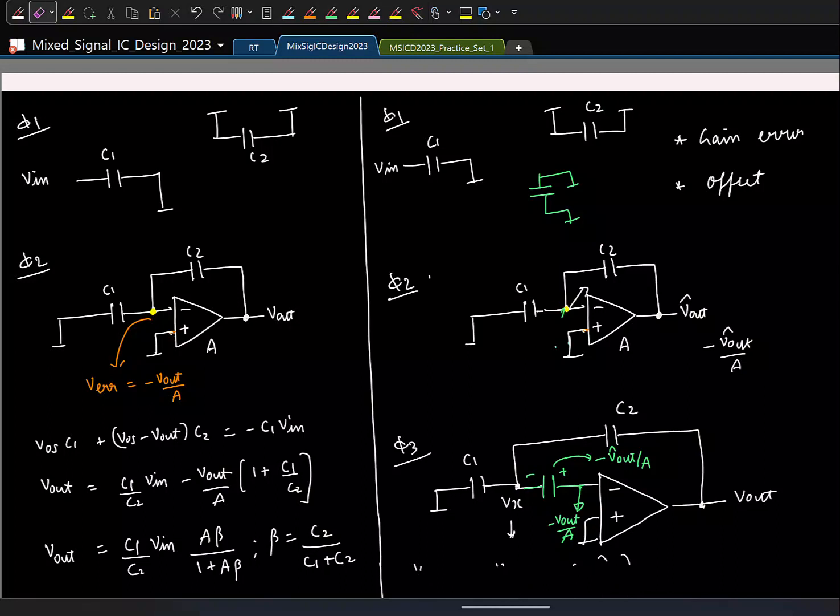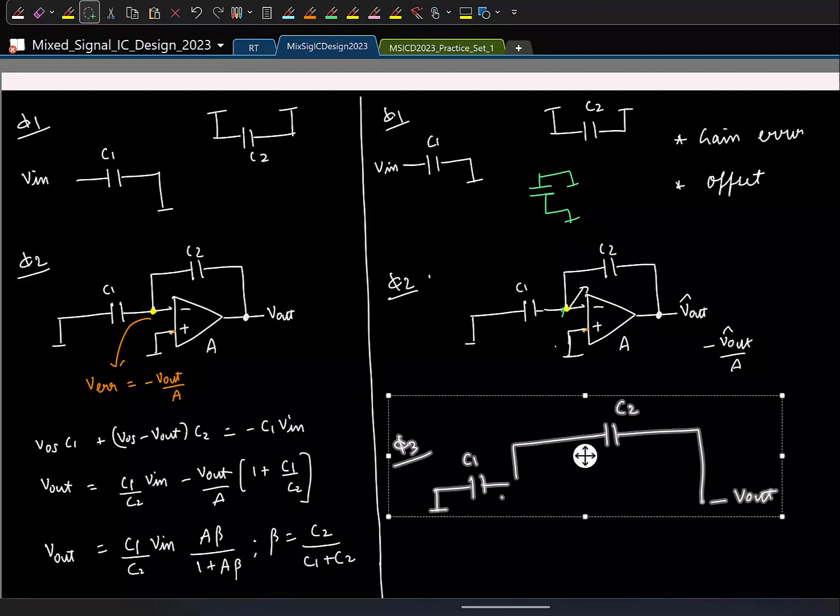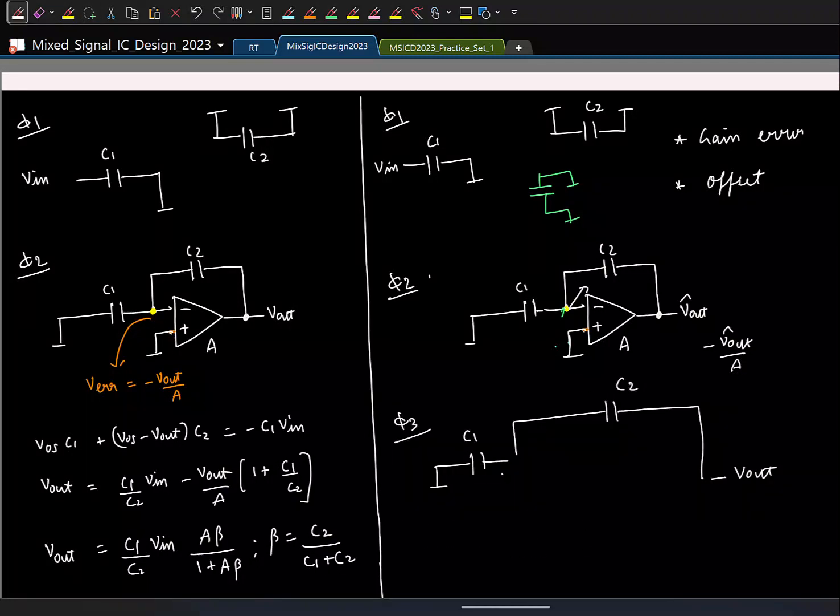So I'll first erase this. See here, what is the inverting terminal potential?